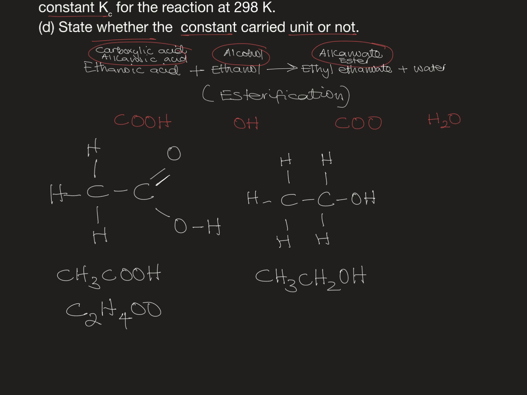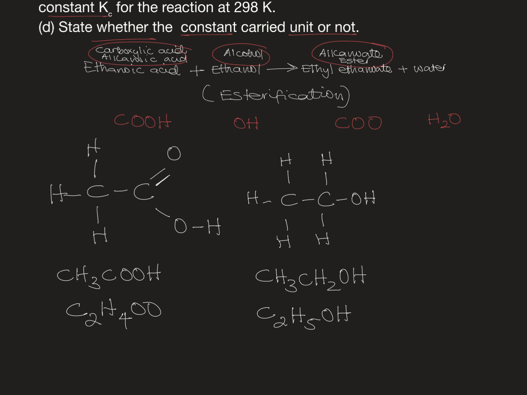So if I want to compress this, I can write it as C2H5OH. That is, the total carbon is 2, total hydrogen is 1, 2, 3, 4, 5, and then we have the OH. So this is also another way of writing the chemical formula for alcohol. Either you write it as CH3CH2OH or C2H5OH. All of them are correct.